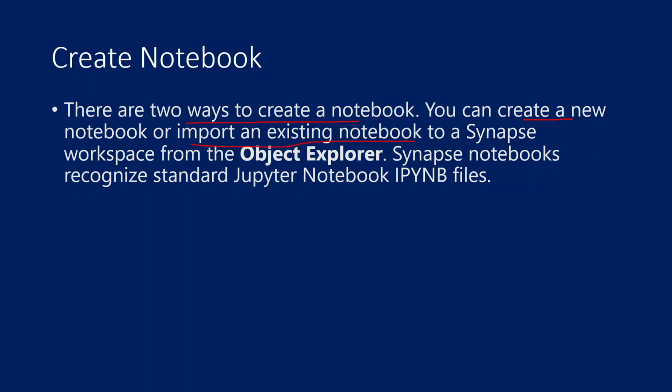How can you import? The Synapse notebooks recognize standard Jupyter notebooks, which are IPYNB files, that means interactive Python notebook files. What are these IPYNB files? I am going to explain in just a bit with a small example, and then I will show you how to import this IPYNB file into Azure Synapse as a notebook.